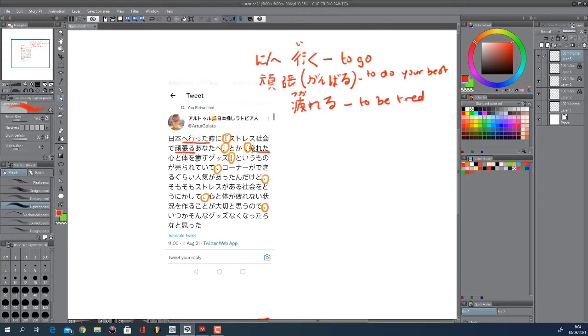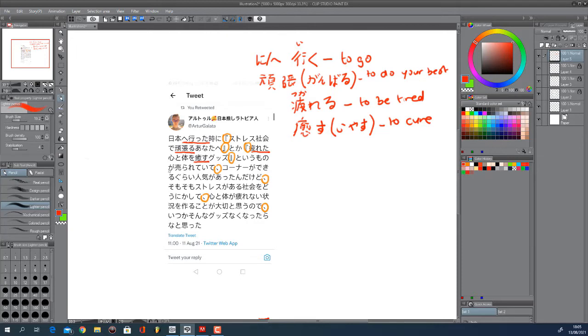Now we have another verb here, 癒す, which means to cure or to heal. Let me just put it here. See if I can draw it as best as I can. I'm going to do this in brackets as I don't have space. 癒す, to cure. So there are our verbs. So we've got one verb in the one quotation and two verbs in the next quotation.